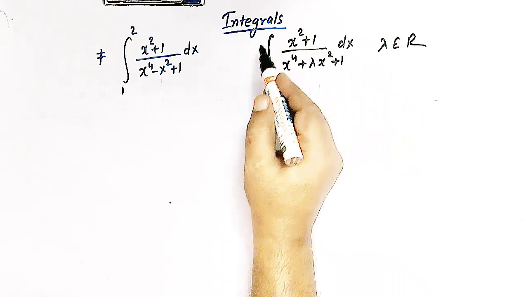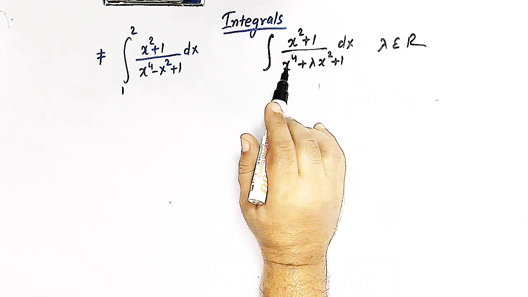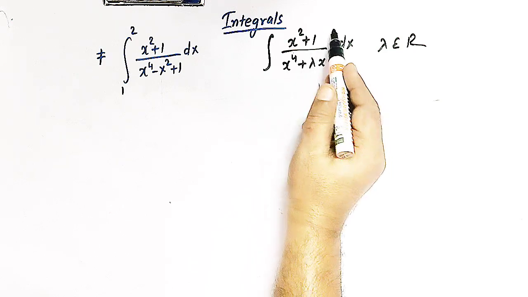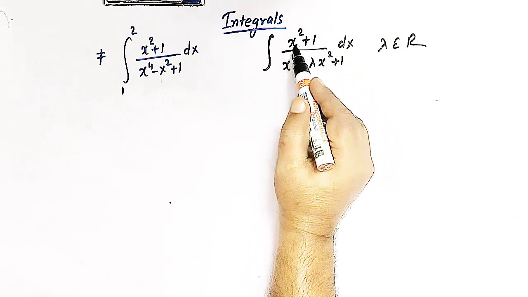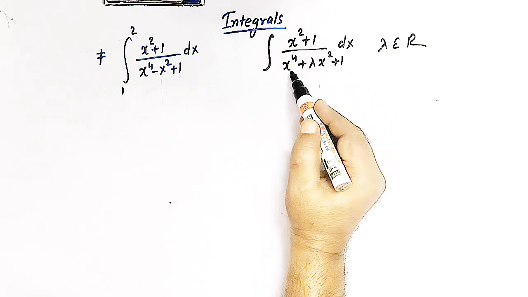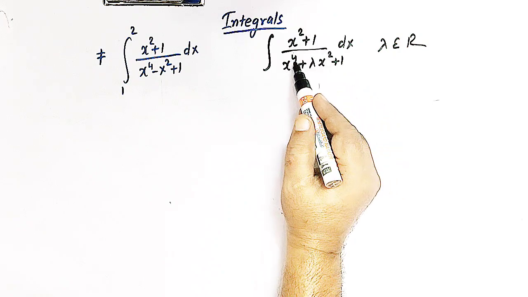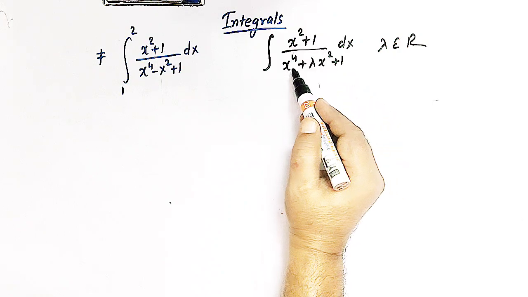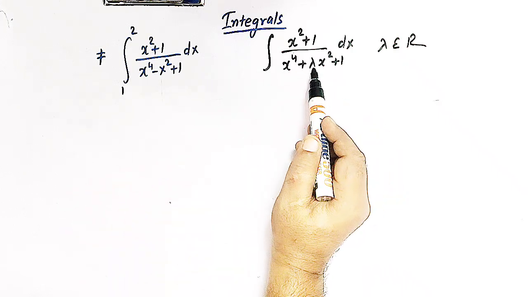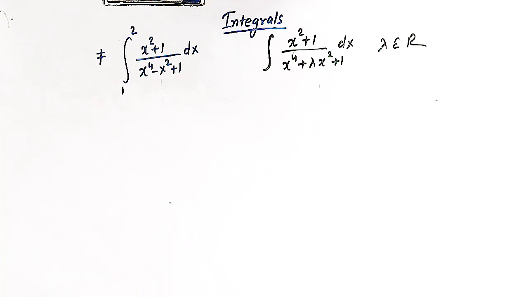So we have discussed how to solve these kind of indefinite integrals where the integrand is of this form, where the numerator is a quadratic function and the denominator is a biquadratic function, right? So here I will make use of this method to solve this integral.